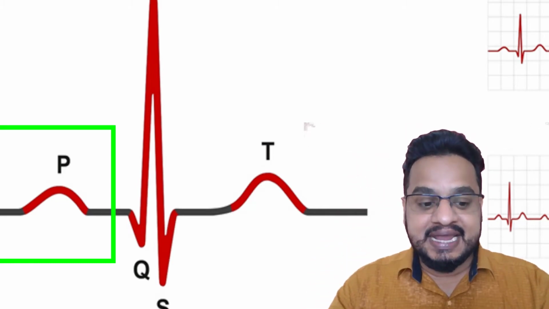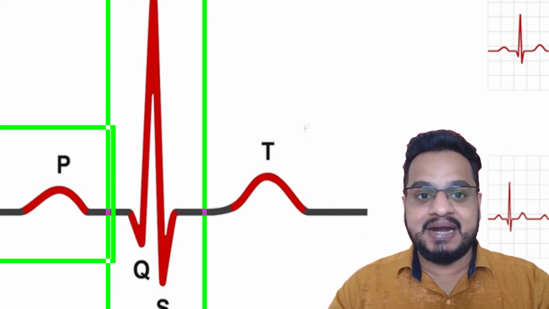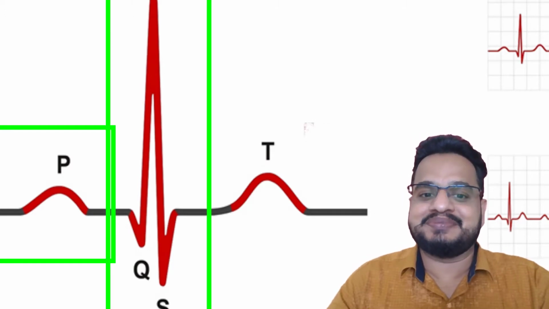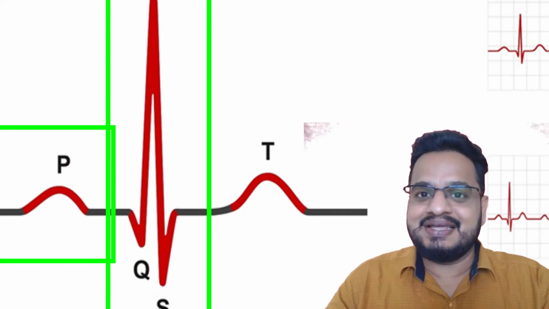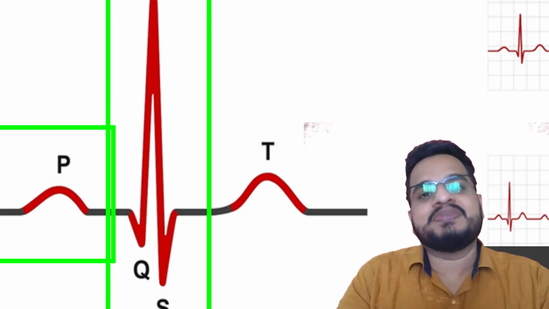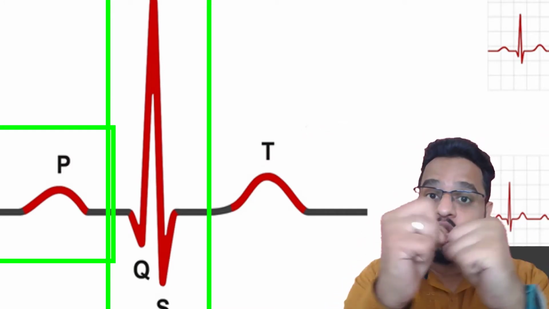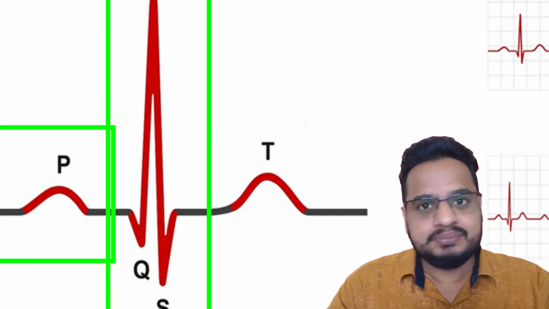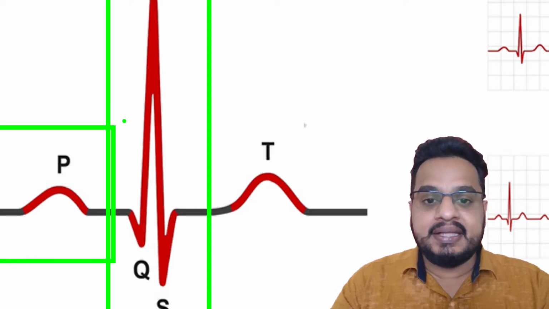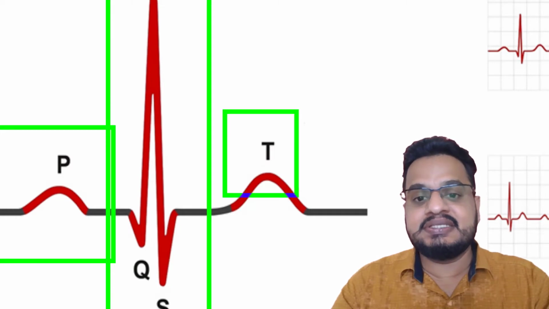And then the second part is this part, QRS. This QRS refers to what? This QRS is referring to the ventricular contraction. Understand? And the last one, this T wave.